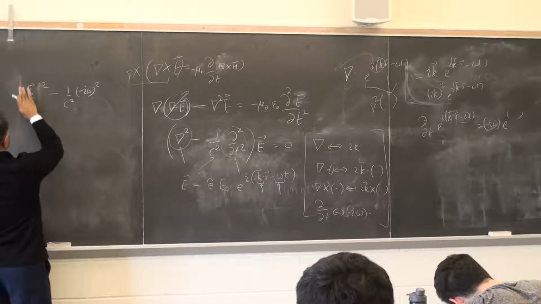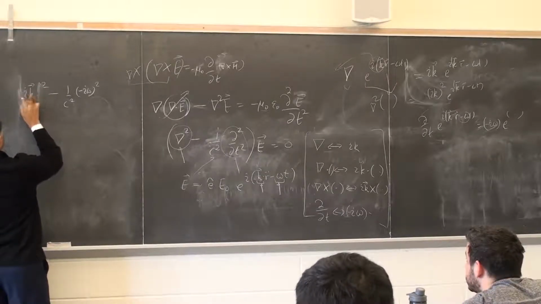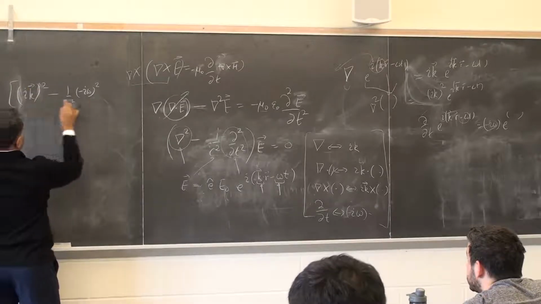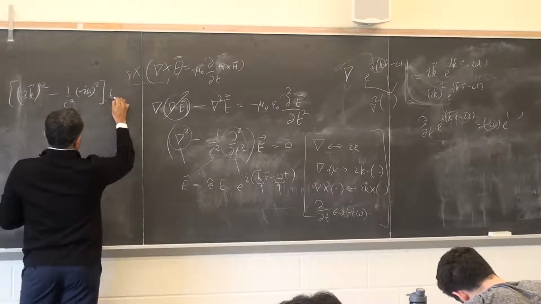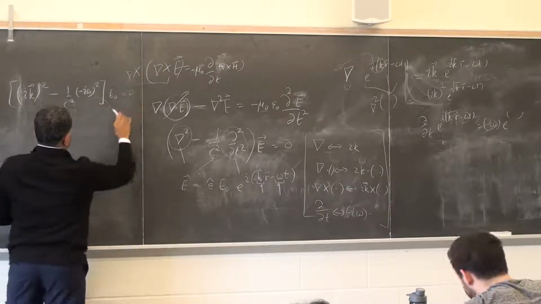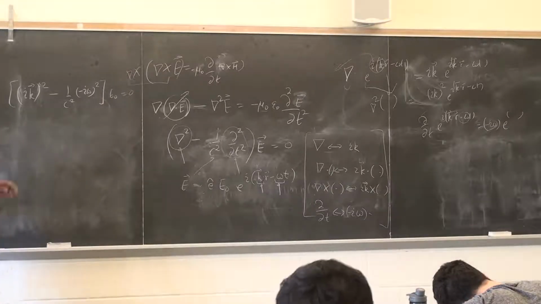Let's write it: (ik) squared minus (1 over c squared)(minus i omega) squared, times E naught, equal to 0. There'll be some hat and all that, but that's fine. So that's your equation.